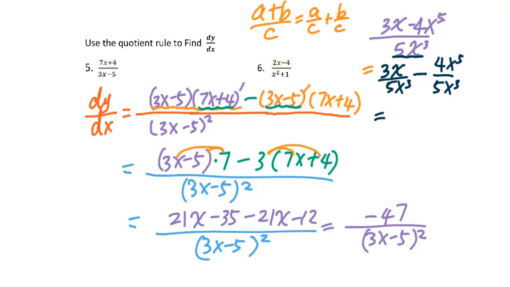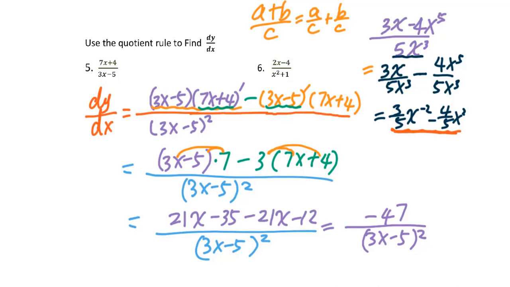Therefore, you can get 3 over 5 x to the negative 2nd power minus 4 over 5 x squared. Then you just use the power rule to get the derivative for this function.